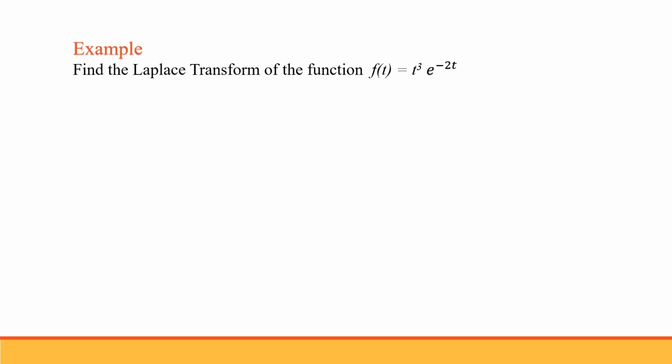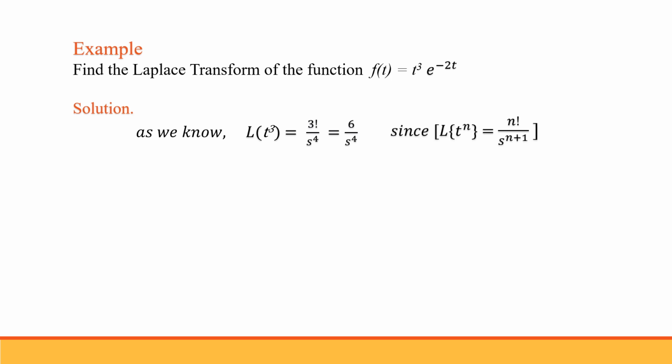Now, based on the above properties, let's do some examples which will clear the concept in a better way. First example: find the Laplace transform of the function f(t) equal to t cubed into e raised to the power minus 2t. Now let's see the solution. As we know, the Laplace transform of t cubed is given by 3 factorial by s to the power 4.